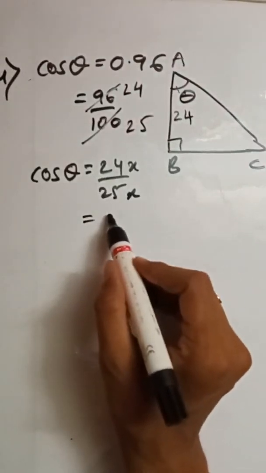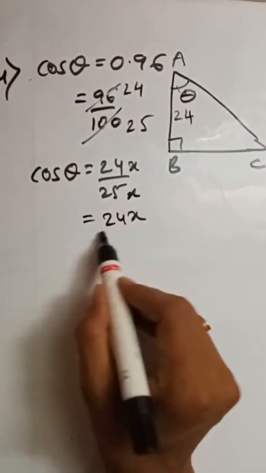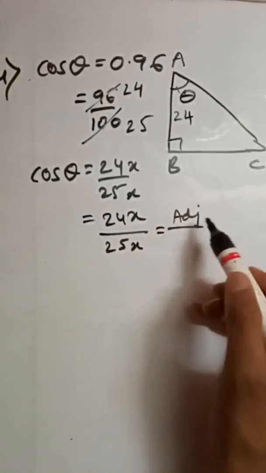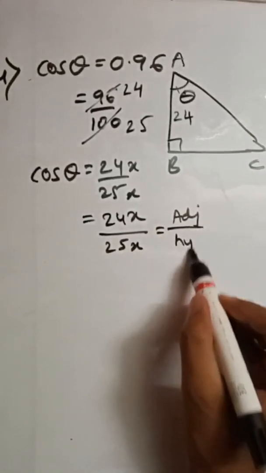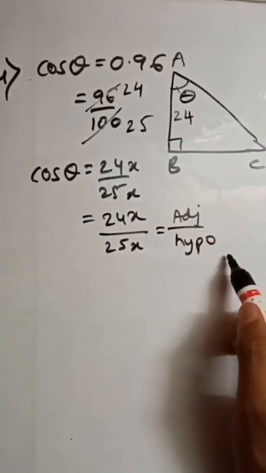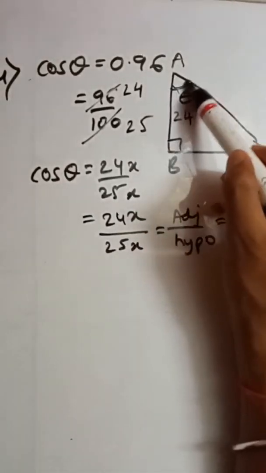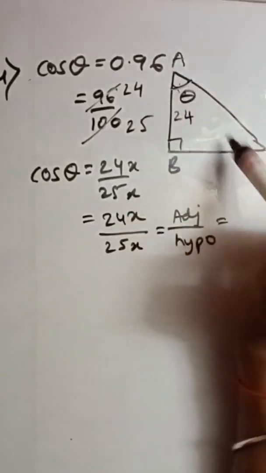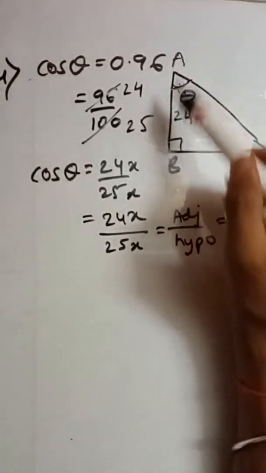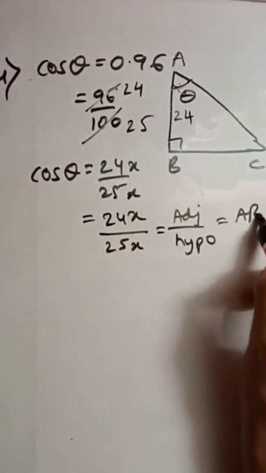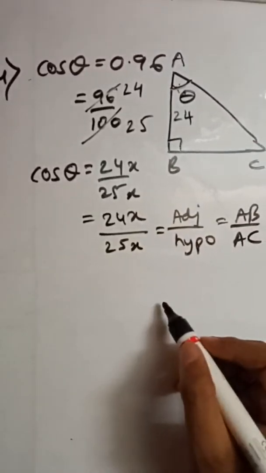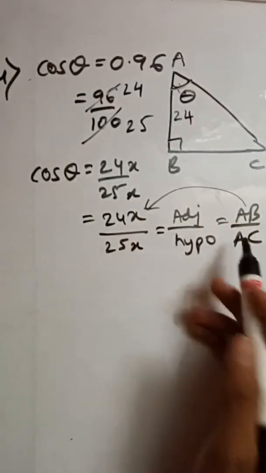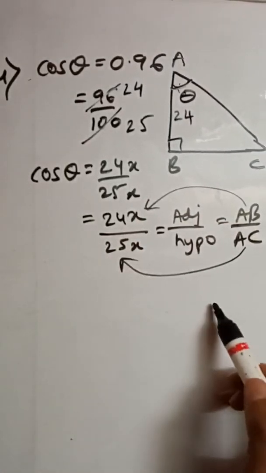The formula for cos is adjacent upon hypo. Correct. Here is the angle theta. Opposite side will be BC. AC is the hypotenuse and AB will be adjacent here. Okay, so AB adjacent upon AC hypo. That means this AB is 24x because the ratios are equal, and AC is 25x.